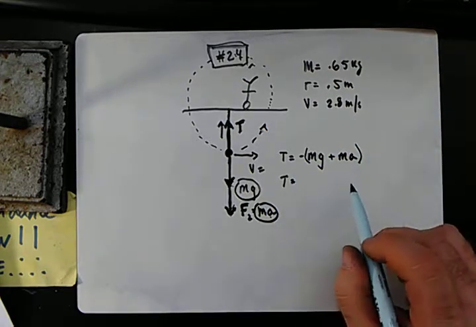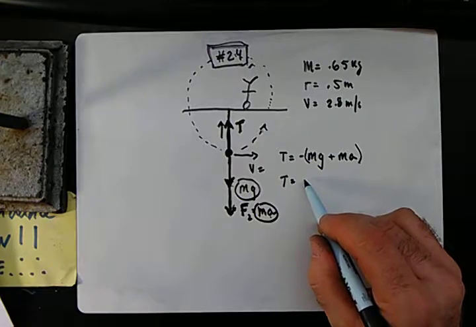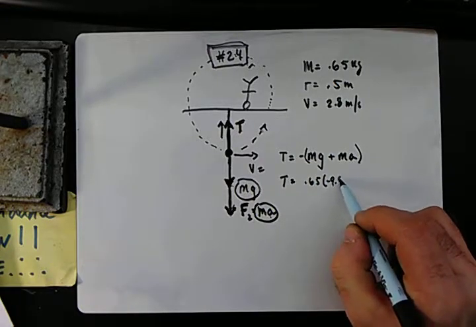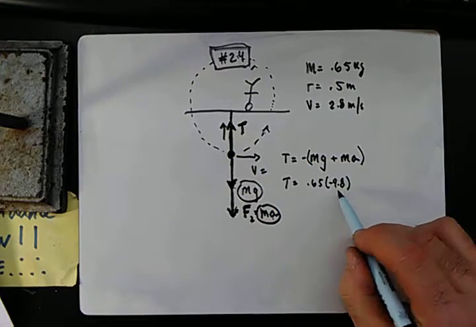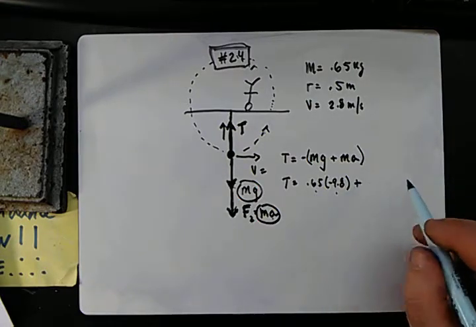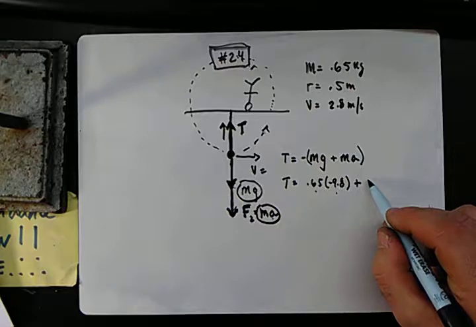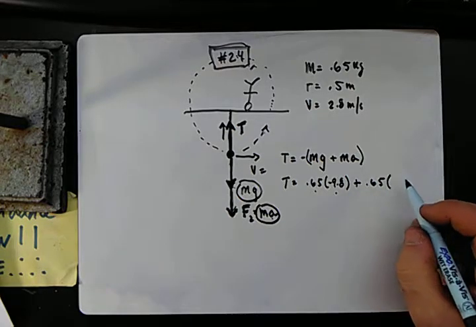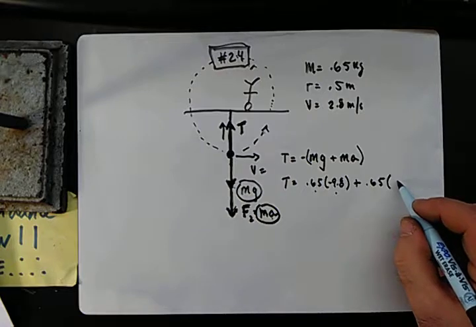T equals mass times gravity plus mass times acceleration.